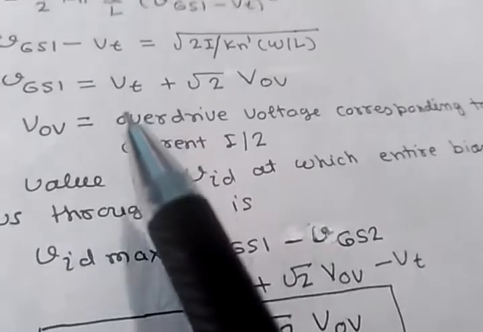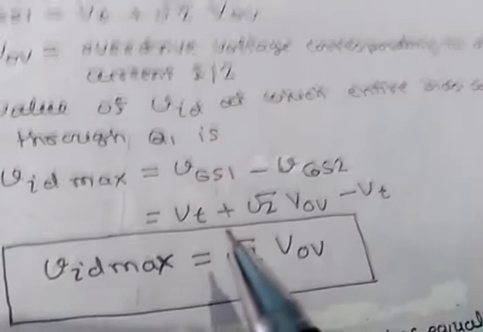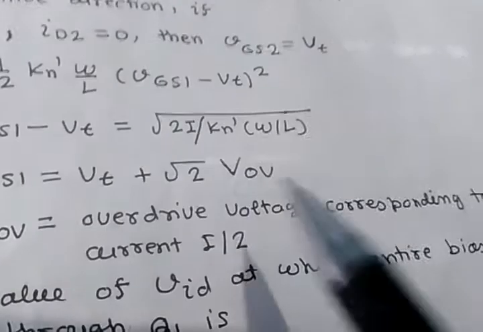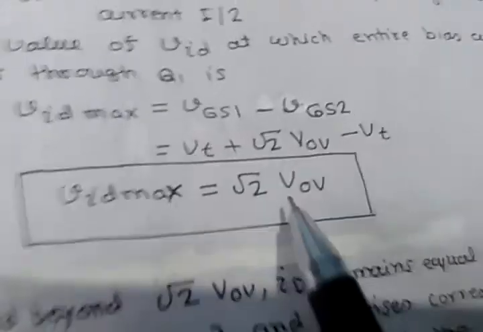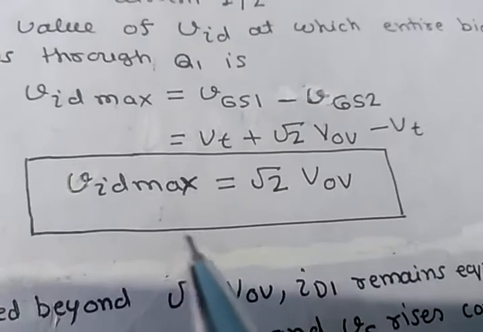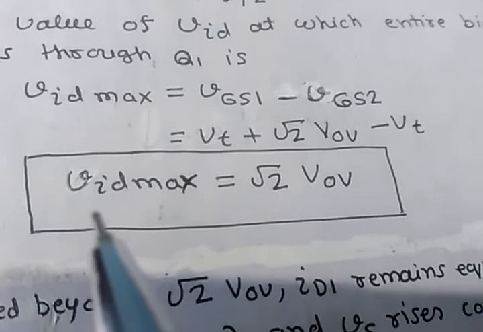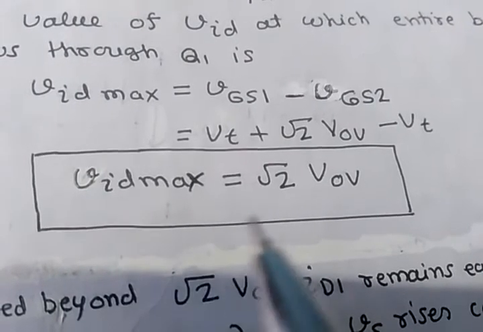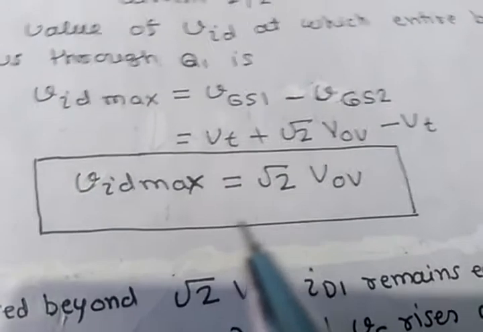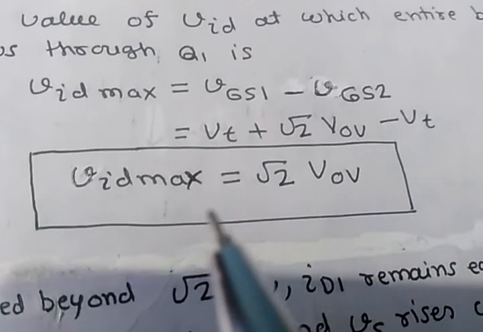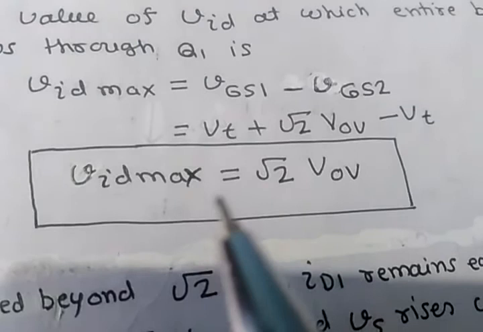Put the value of VGS1 as VT plus root 2 VOV and VGS2 as VT. We will get VID maximum equals root 2 VOV. This differential input voltage VID maximum is the voltage at which the entire bias current will flow through Q1.